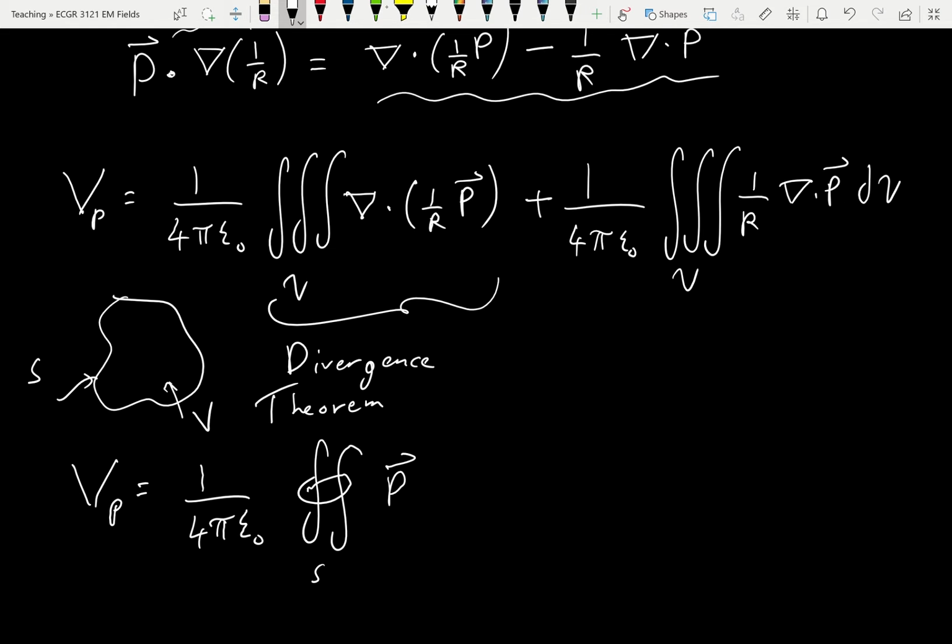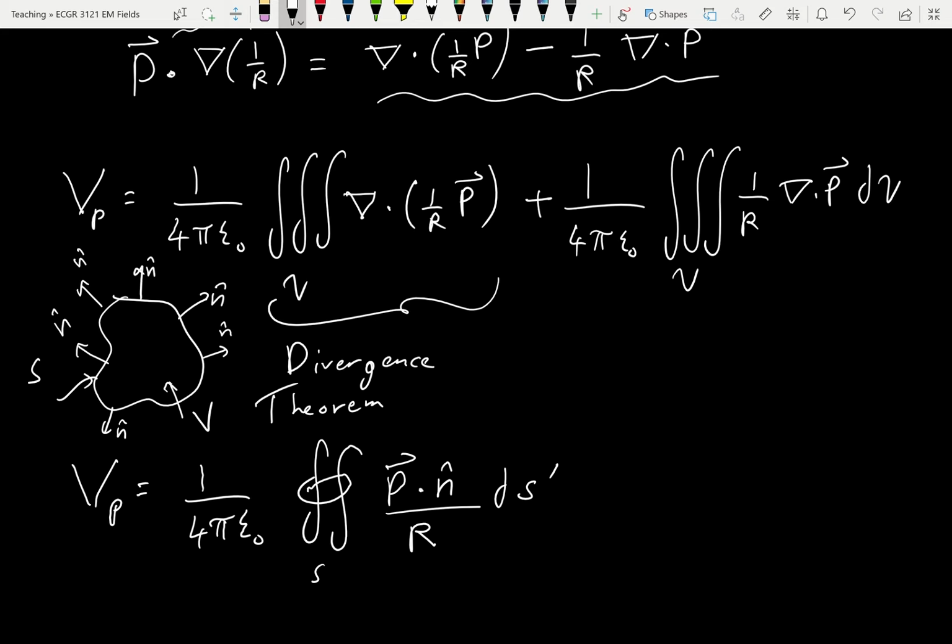I want to write it as P dot n hat, where n hat is the normal vector on the boundary. It's the vector that's 90 degrees everywhere on the surface. That's what n hat is. So P dot n hat over R ds prime.